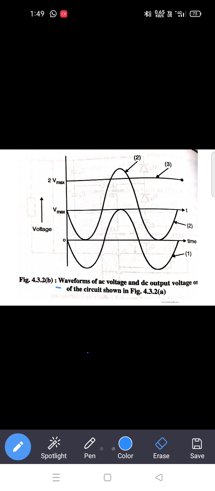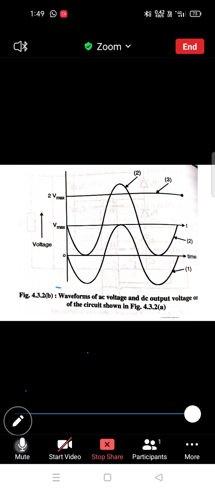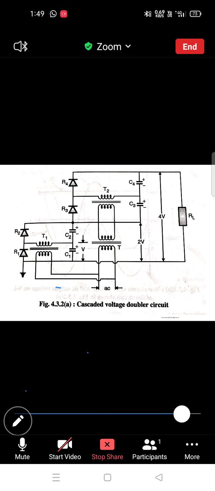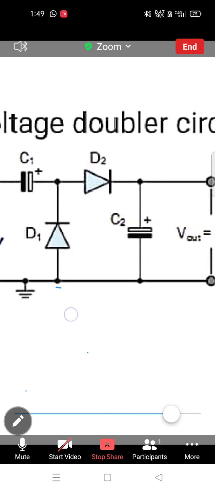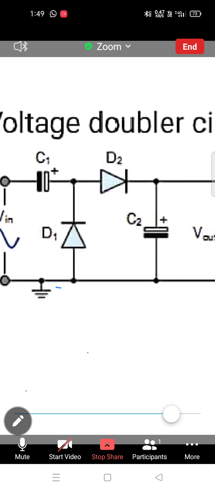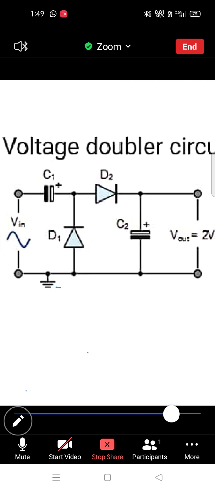Here we also have to consider two or three things. The main one is that C1 is charged up to V, but C2, the capacitor connected across the load, is charged up to twice the voltage.